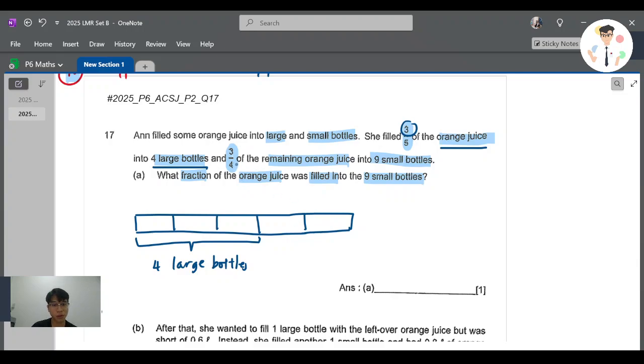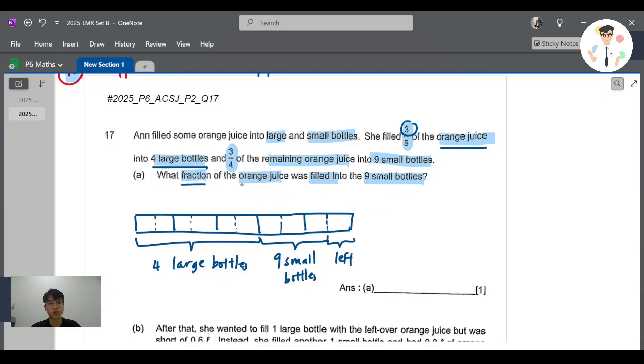My remaining is 2 parts. So as you know, we need to cut into 4 parts. So 3 here, I can fit in 9 small bottles. Okay? And this one is what I left.